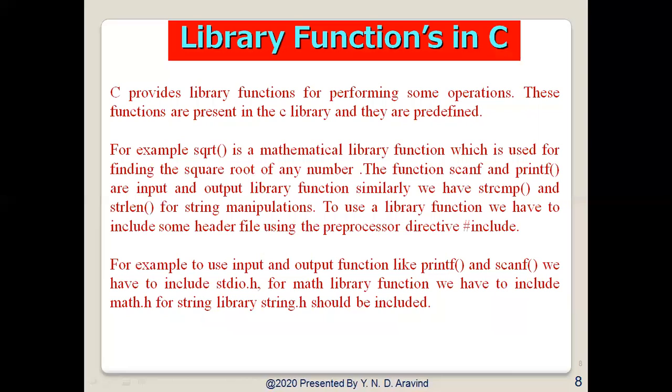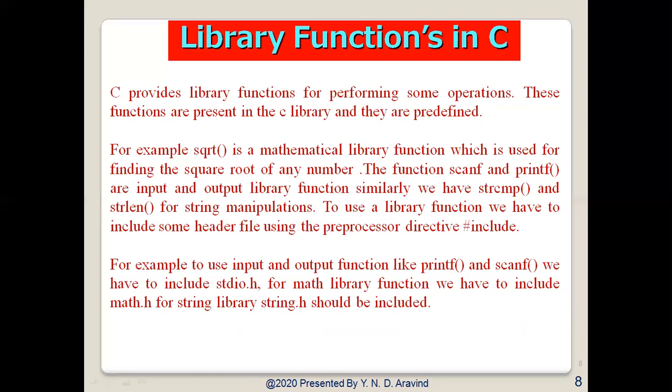Built-in functions are predefined functions supplied along with the compiler, and these can be used in any C program. These functions are also called library functions, and all of them are available in the C library.